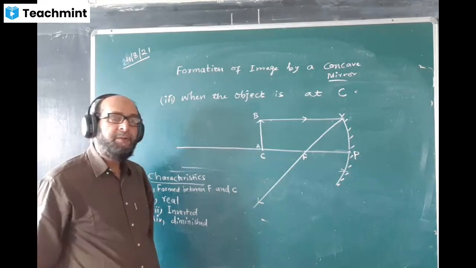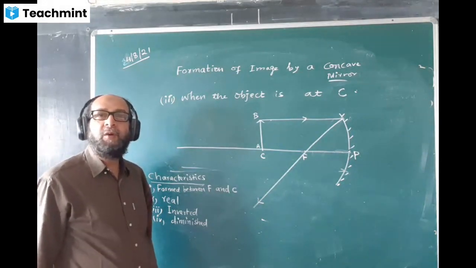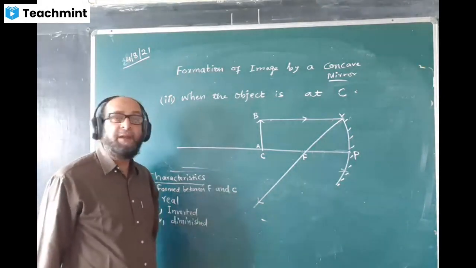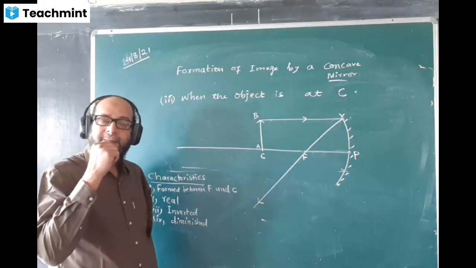Boys, please do share. Do respond even if it is wrong, sir. There is no problem. I'll correct it. Where should I take the second ray from? Give me some idea. How to draw the second ray?